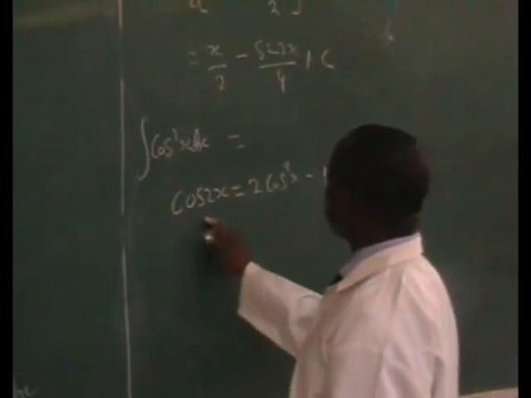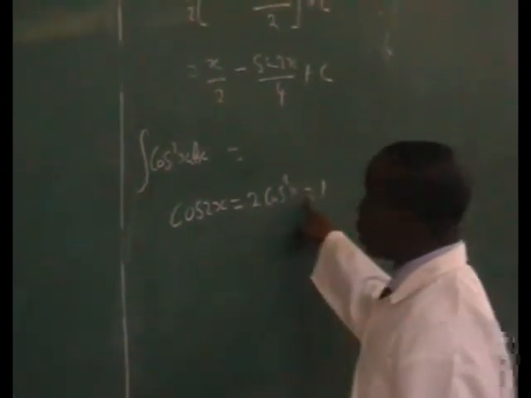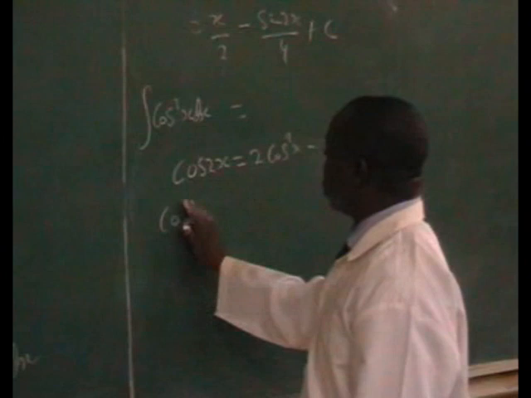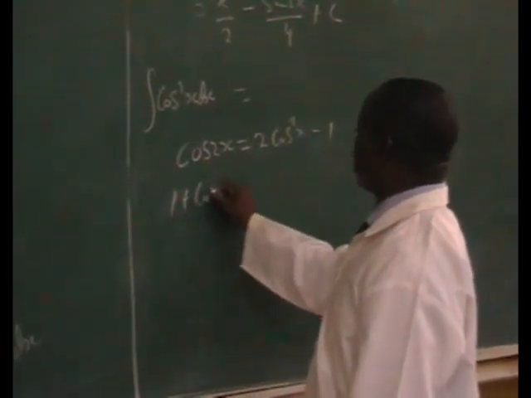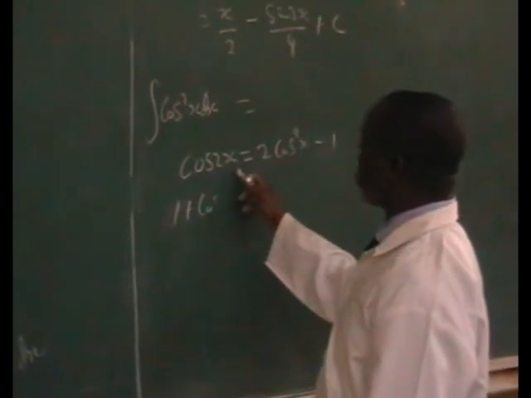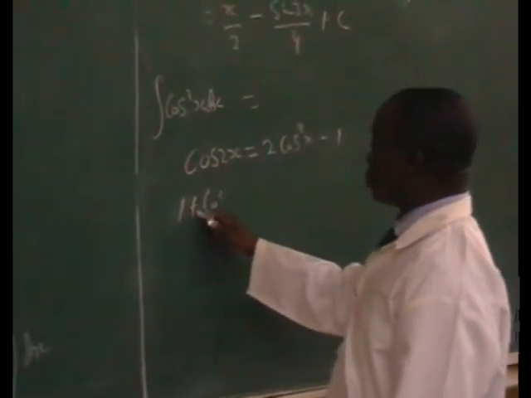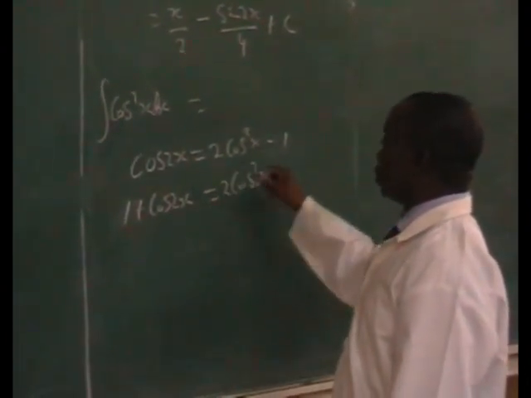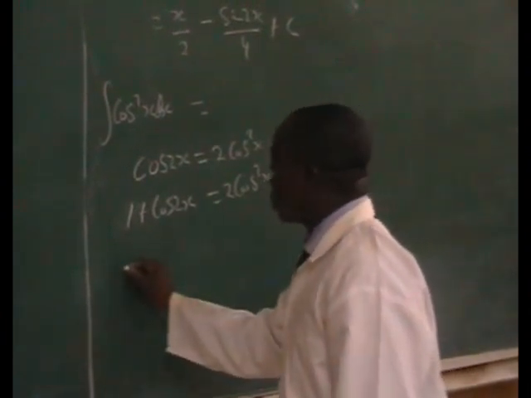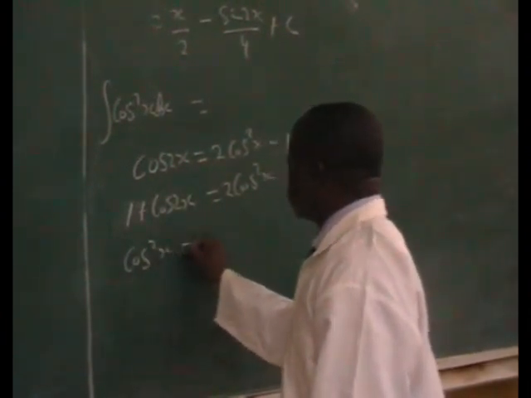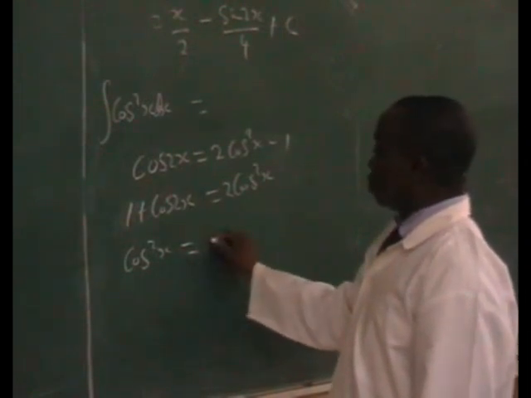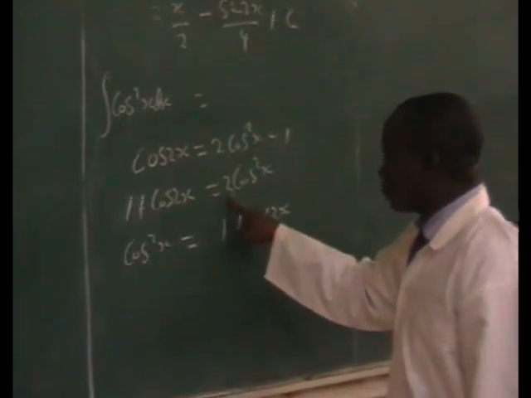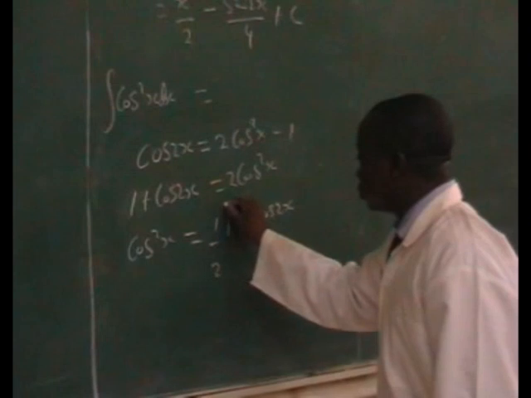And then we also see that if I take minus 1 to this side, I will have that 1 plus cos 2x will be equal to 2 cos square x. Now, cos square x will be equal to 1 plus cos 2x, that is, we divide it by 2, we have 1 all over 2.